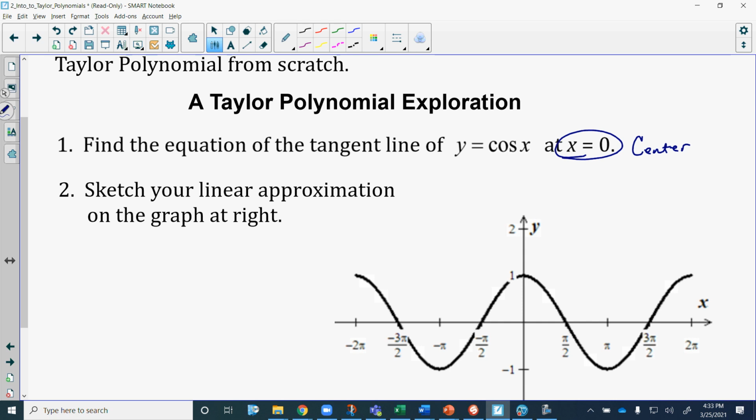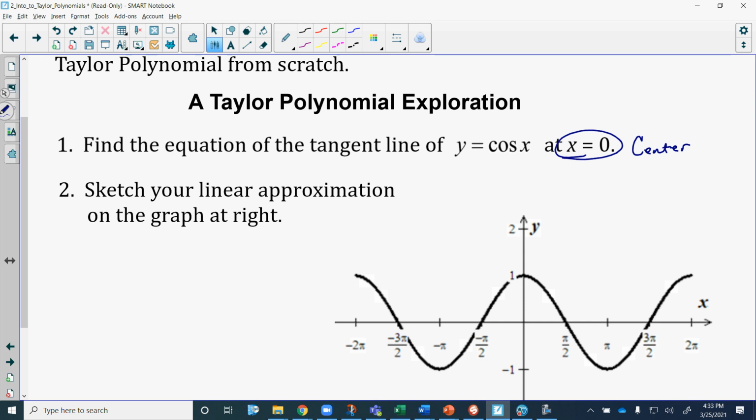Now, there's also something known as a Maclaurin polynomial. Like Rolle's theorem, when we were talking about the mean value theorem in AB calculus, we could say Rolle's theorem essentially says there's some value c between a and b that guarantees a slope of 0.